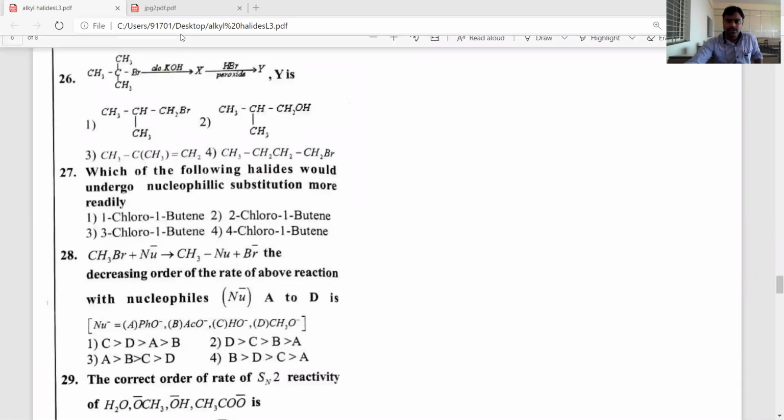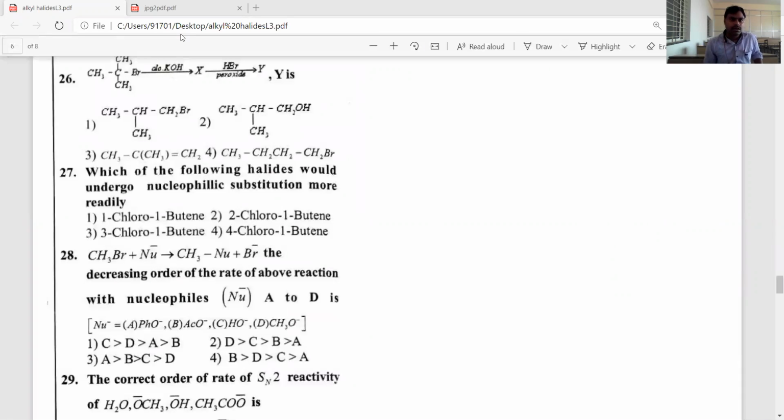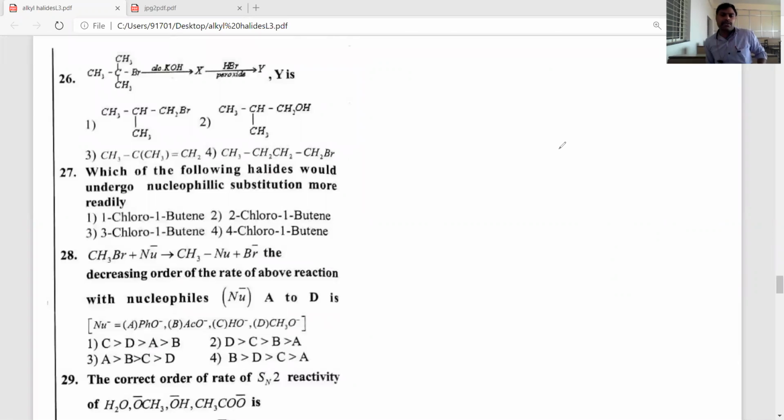It's very easy. 26. The first one is an elimination reaction. The second one is an anti-Markovnikov addition reaction. And they asked for the product. Let's see, tertiary butyl bromide: CH3, CBr, CH3, CH3.